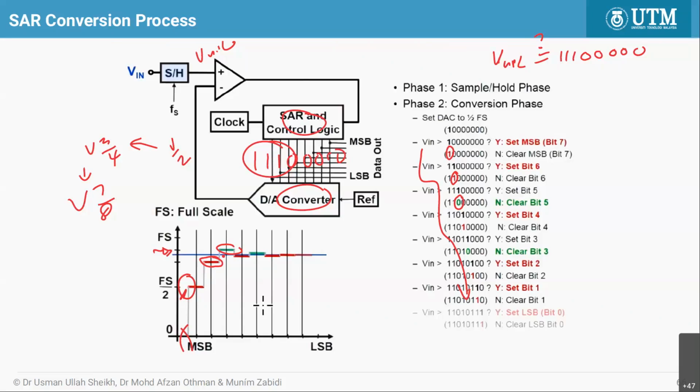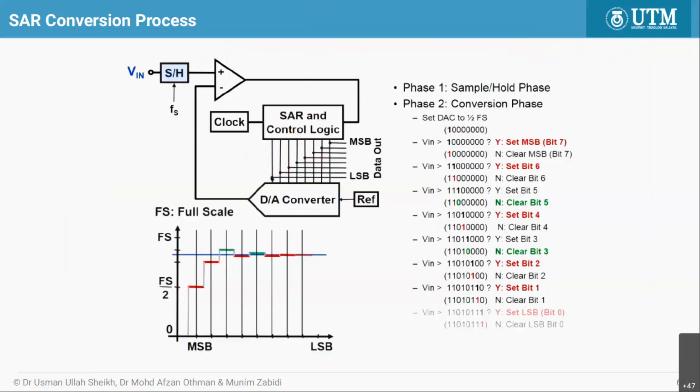Oh, so yeah, cannot understand. Can understand? So I have to repeat again. Okay, it's like this. The blue line is your unknown voltage. So first clock cycle, what happened is the SAR logic, the controller, will test your unknown voltage with 1 0 0 0 0.